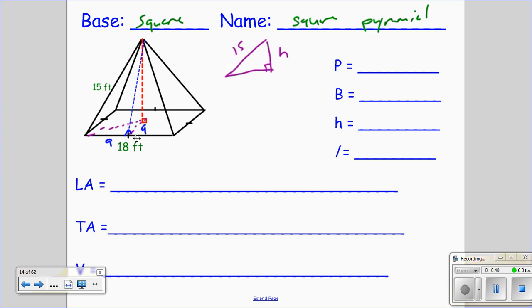And whenever it's a right triangle and it's isosceles, it's a 45, 45, 90. So that means this half of the diagonal, this purple line right here, would be 9 square root of 2, which represents the bottom of that particular triangle.